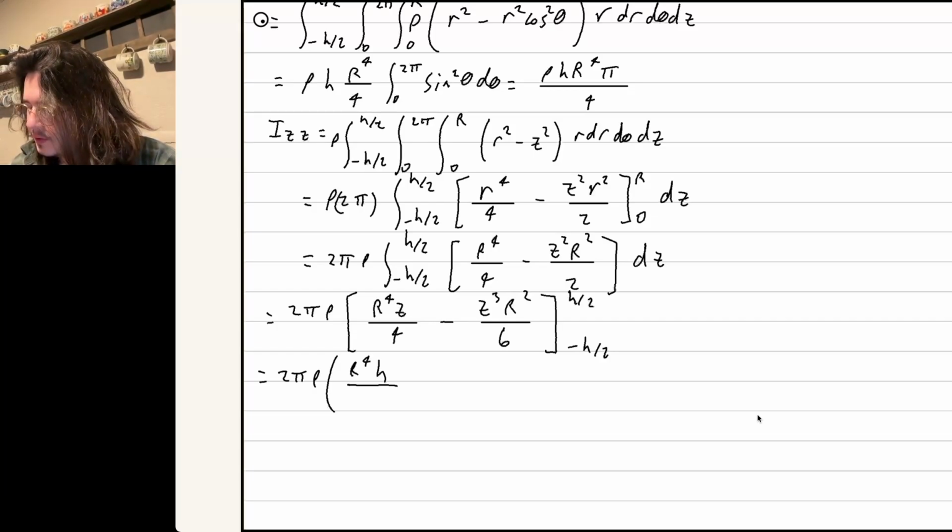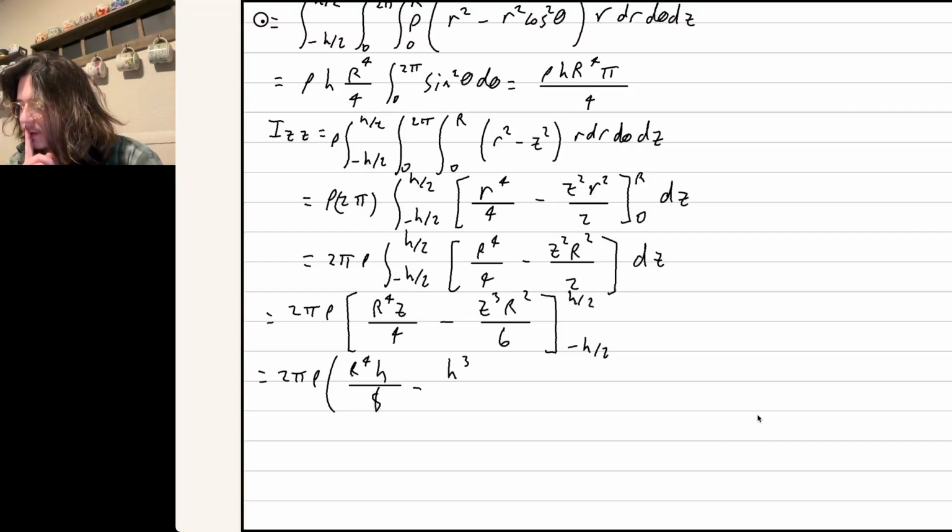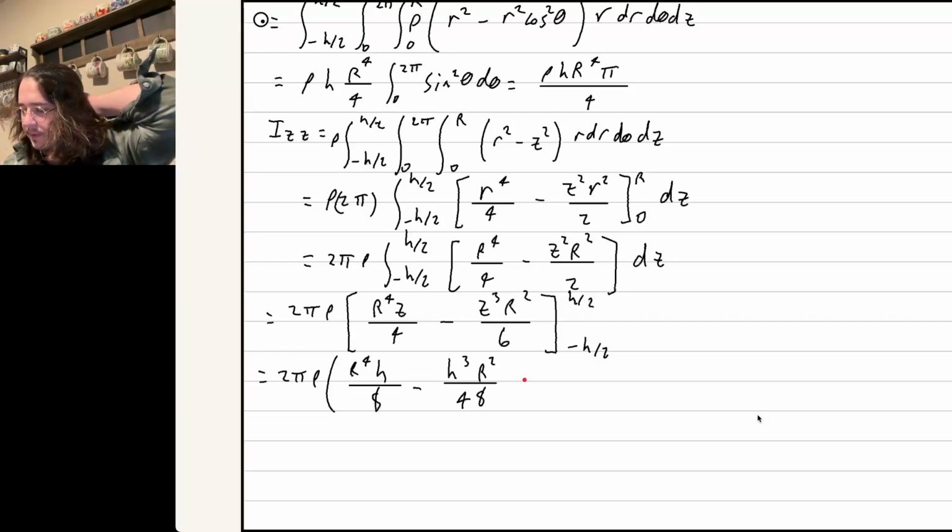R fourth h, 4 times 2 is 8, minus z, so h cubed, and then r squared over 48. And then the minus stuff is pretty much going to be the same thing except with a minus sign on it.